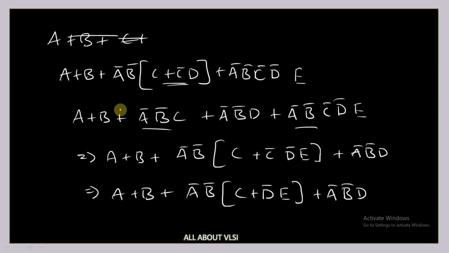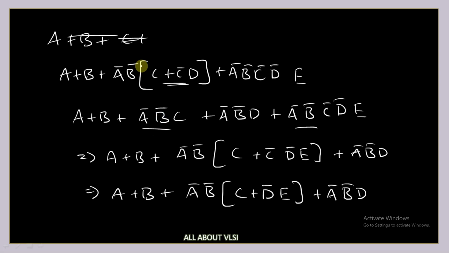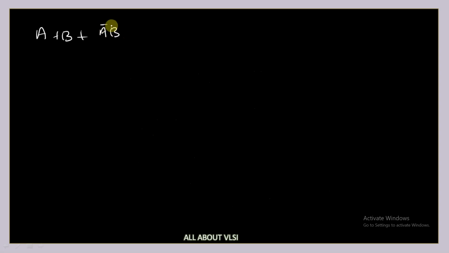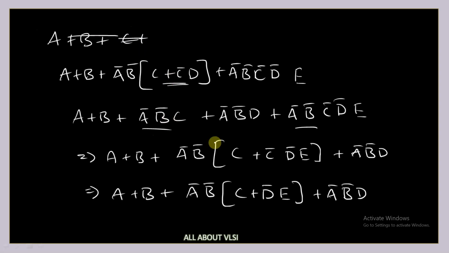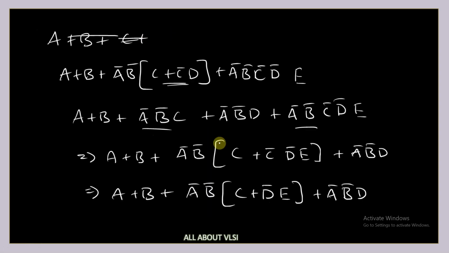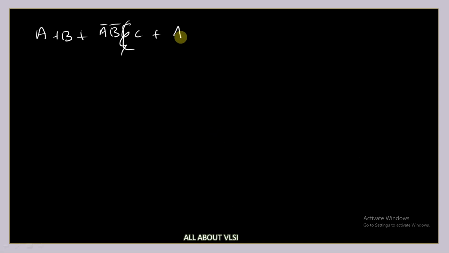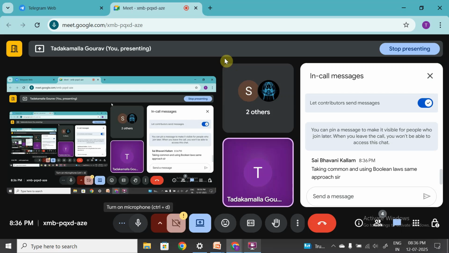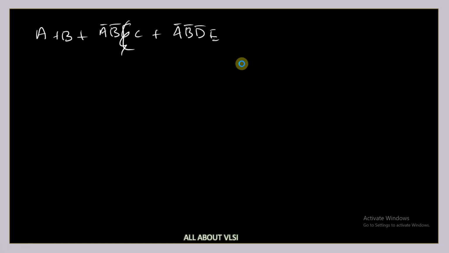Okay. So what you're going to get is a + b + a̅b̅d̅e, taking common and using Boolean law, same approach. Exactly. a̅b̅d̅e + a̅b̅d.